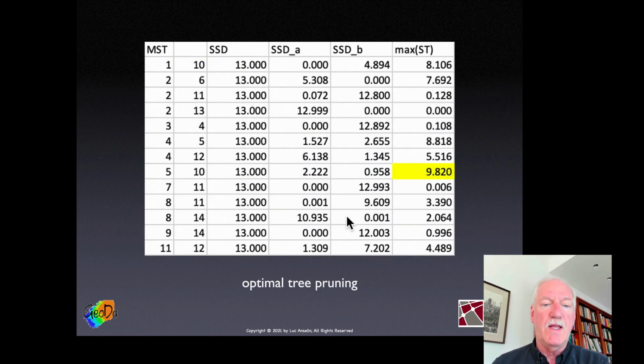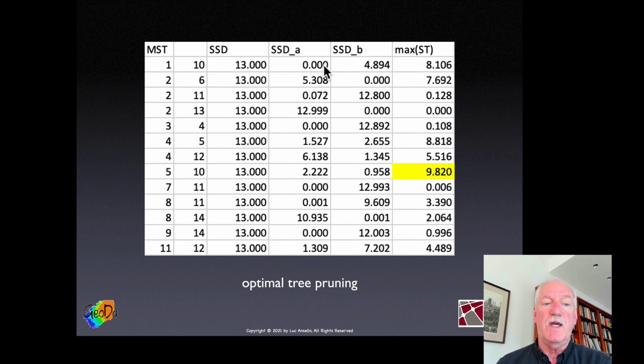So, in the beginning, the sum of square deviations is 13, one less than 14, and we can consider every possible cut. So this is a cut between 1 and 10, this is a cut between 2 and 6, 2 and 11, and so forth. In each of these cuts, we end up with subtrees.